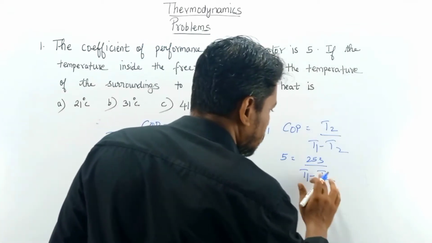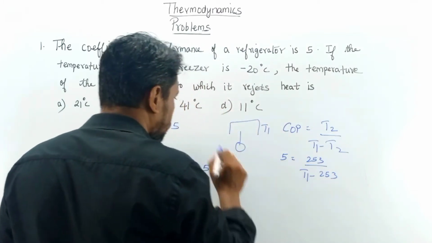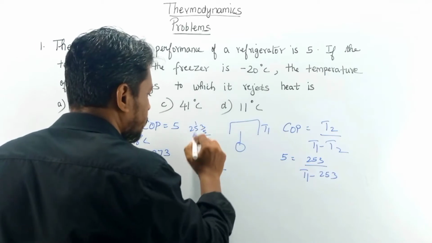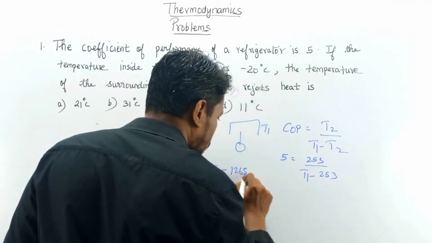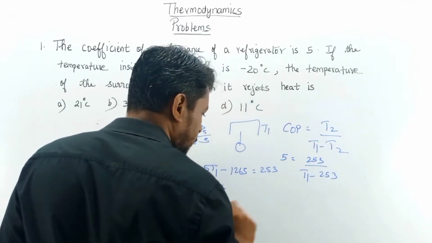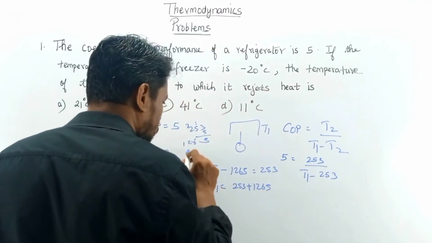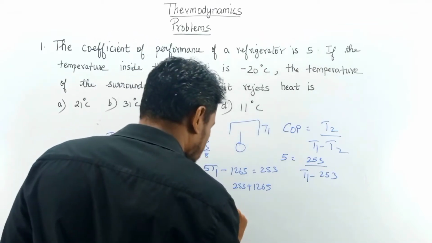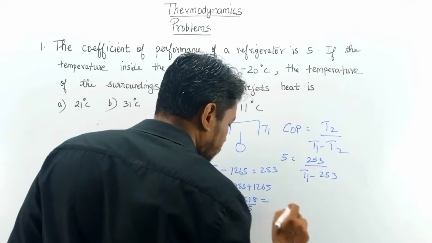My T2 value is 253, so 5 into 253 is 1265. So 5T1 will be equal to 253 plus 1265. So T1 is equal to 1518 by 5.